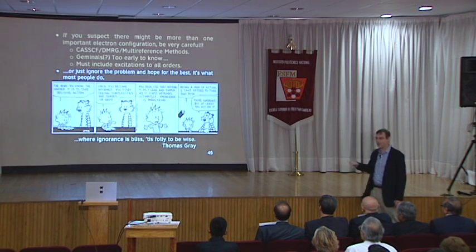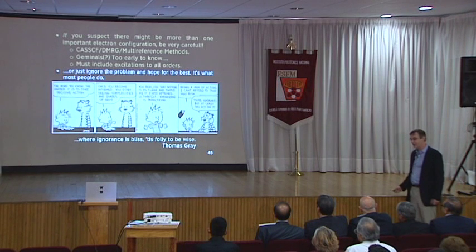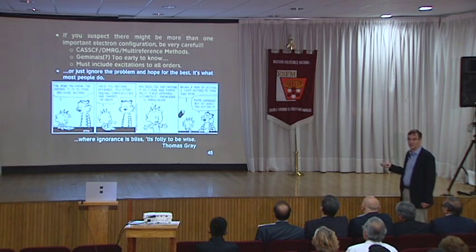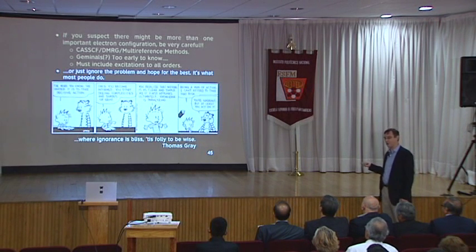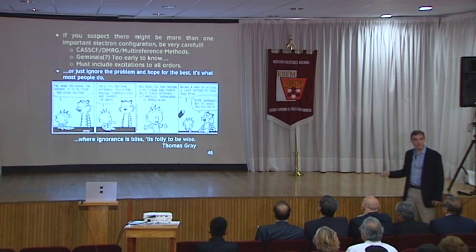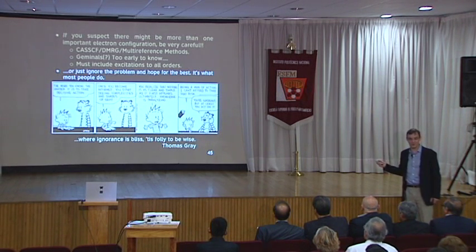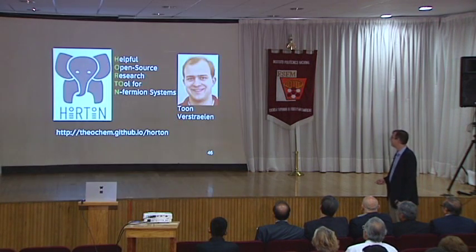You can't stop with a single electron configuration. The other thing is that you may just choose to ignore the problem. I will admit, certainly in my research group, and I think for most chemists, most of the time we ignore the problem and hope that the referee doesn't catch us. Right? That is sort of a standard approach, just because getting away from it is actually quite complicated.